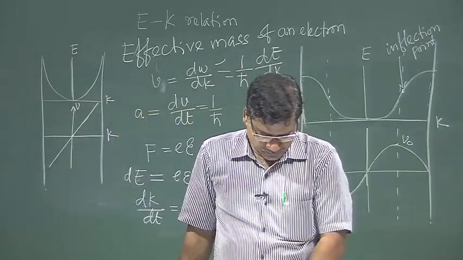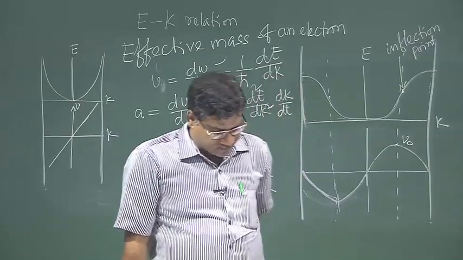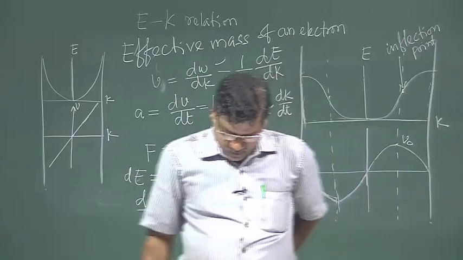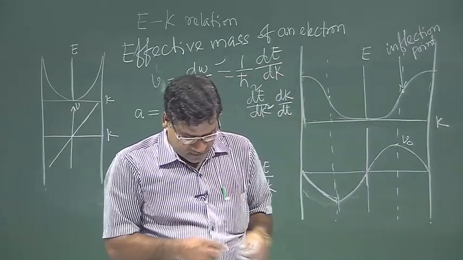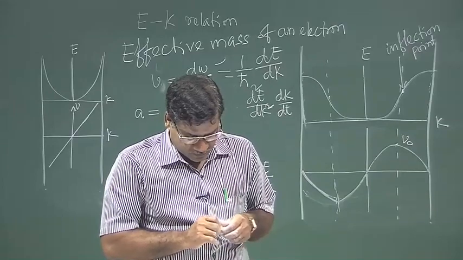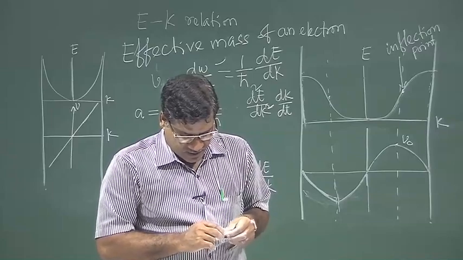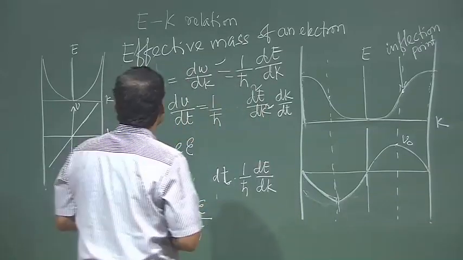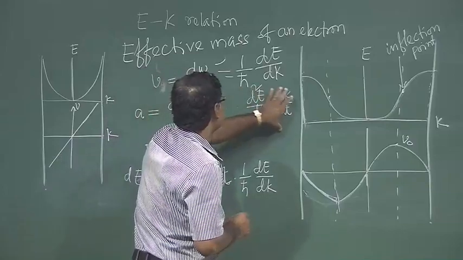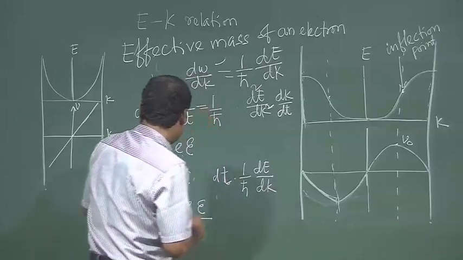From here when we are getting this, now the acceleration that we have seen, that is in terms of this, here we have written, now we have to find out dk by dt. So, we got this dk by dt.